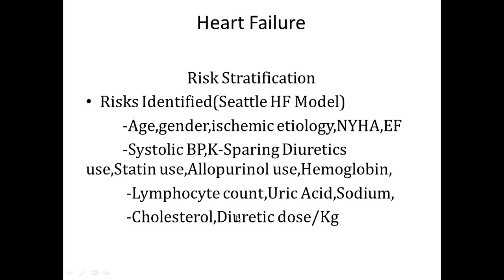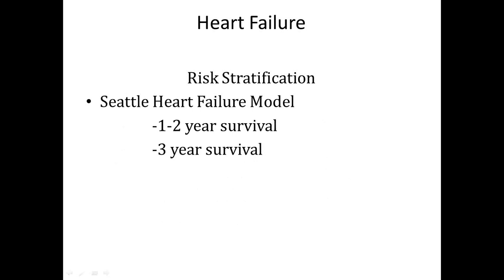So there's a bunch of stuff you're going to put into this table or this online program, and it's going to give you the 1 to 2 year survival and 3 year survival.